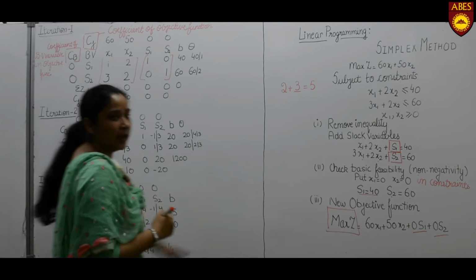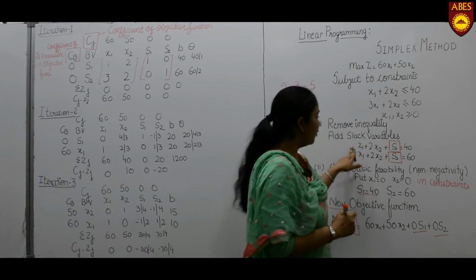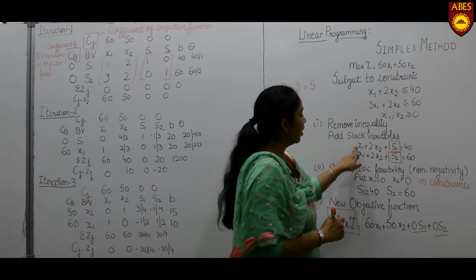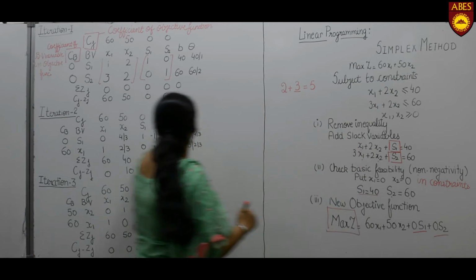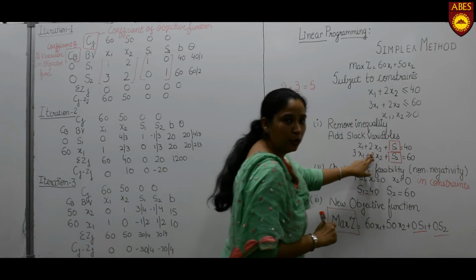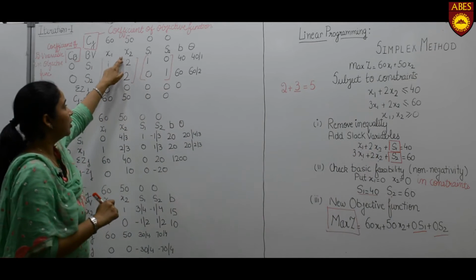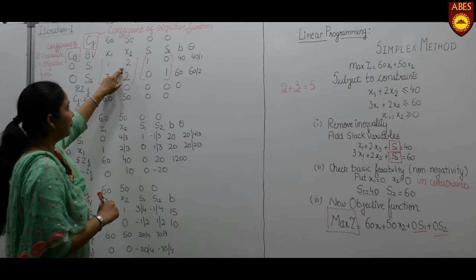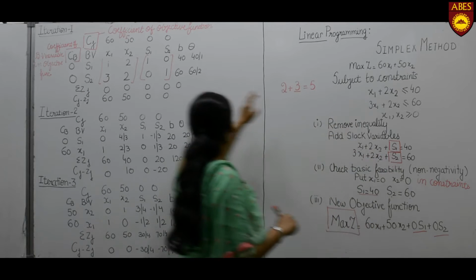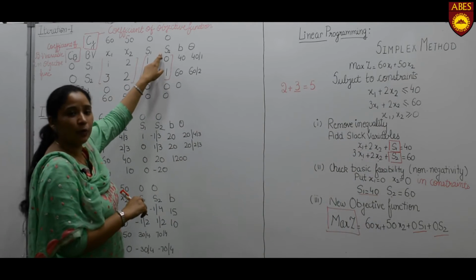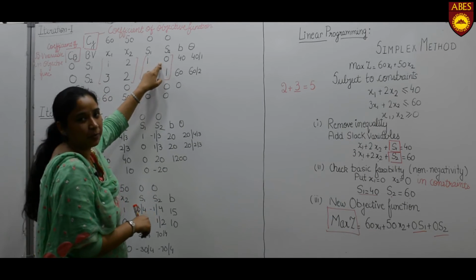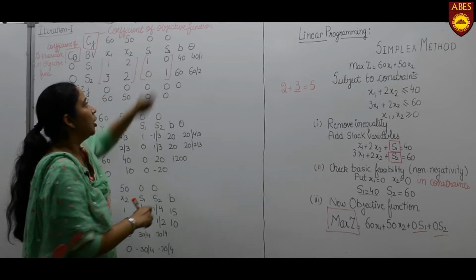As you can see, the coefficient of x1 in our first constraint is 1, so here we will put 1. x2 has coefficient 2, so we will write down 2 in front of x2, and s1 is 1, so here we will have 1. And s2 is absent in our first constraint, so its coefficient will be 0. Now what is b?